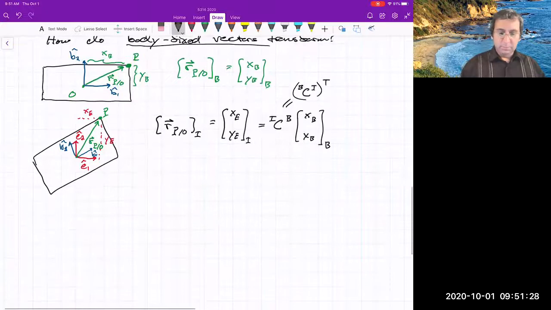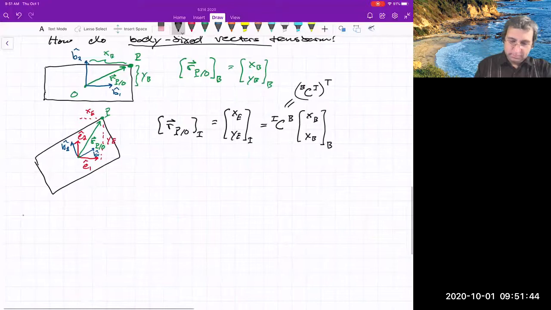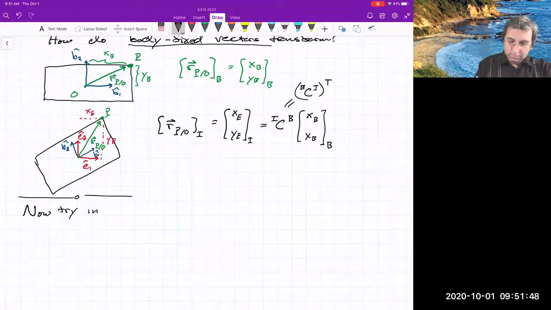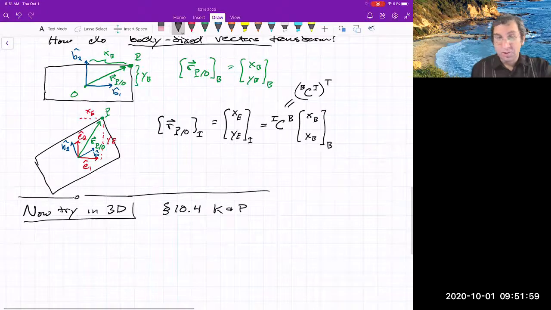So now let's try doing all of this stuff, writing the rotation matrices in 3D. And if you were looking to read about this in the book, it's in section 10.4.